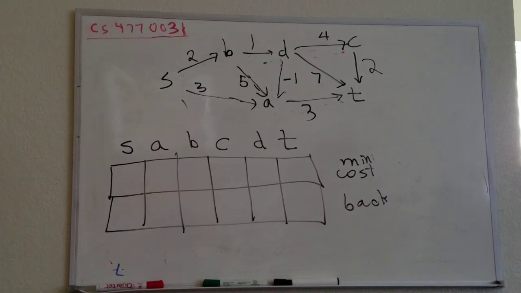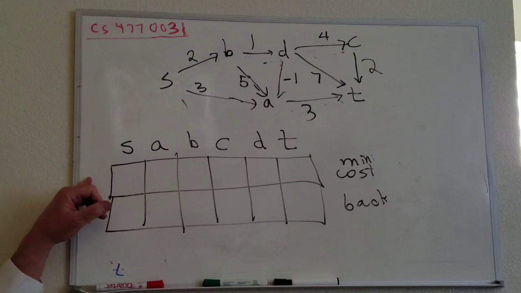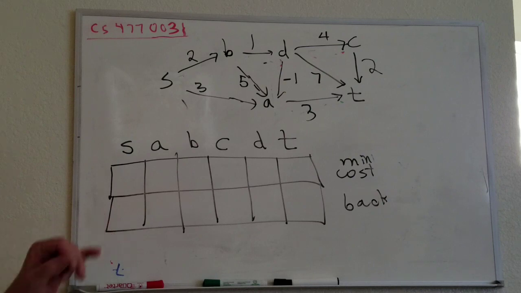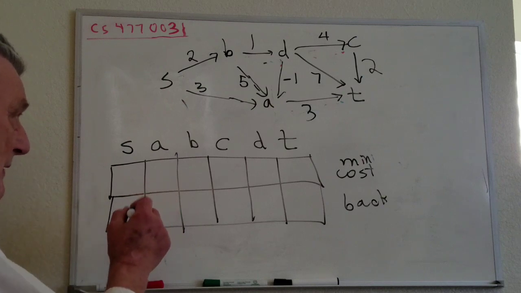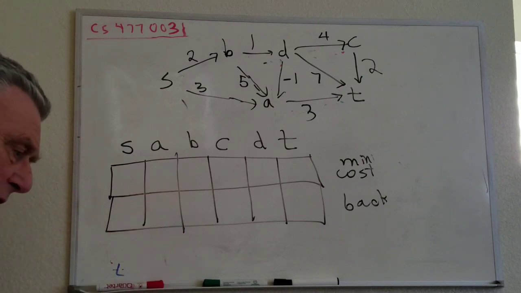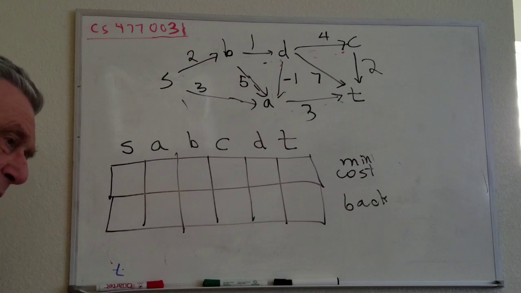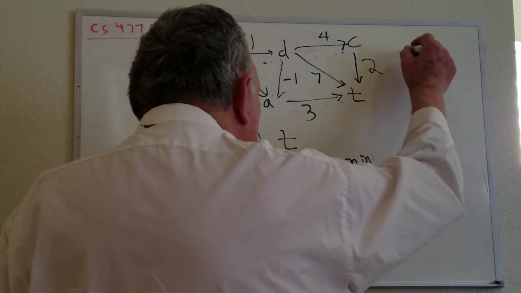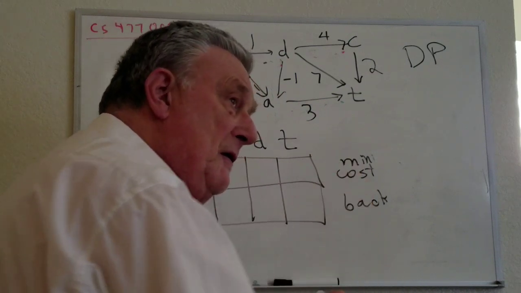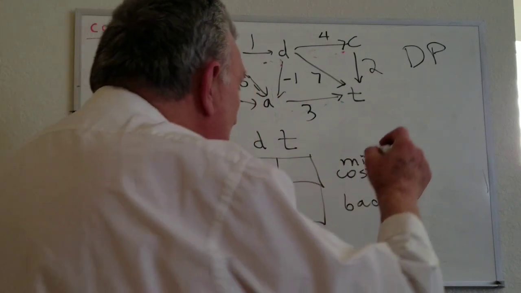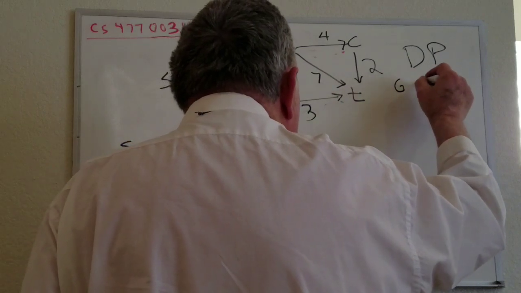A solution to the single source problem looks like this. There are two arrays, one of which shows the minimum cost from S to each node, and the other gives a back pointer for that particular node. The way it can be solved is with several different algorithms we have, the simplest of which is dynamic programming. In dynamic programming, you first have to visit the nodes in topological order, and this requires that G be acyclic.